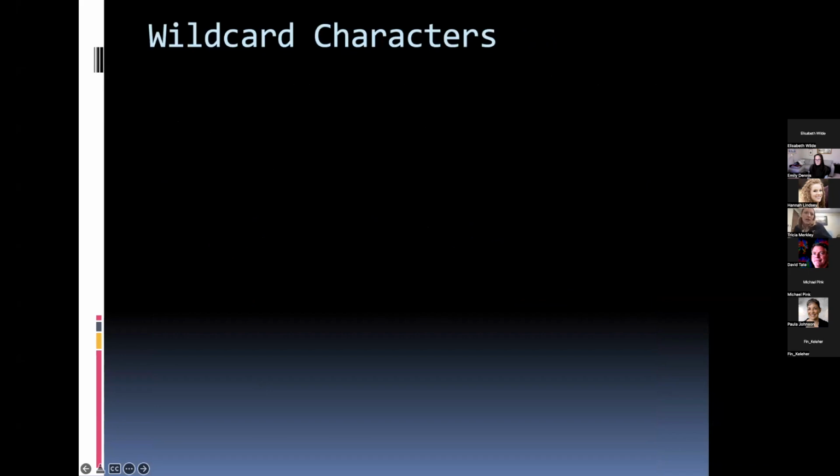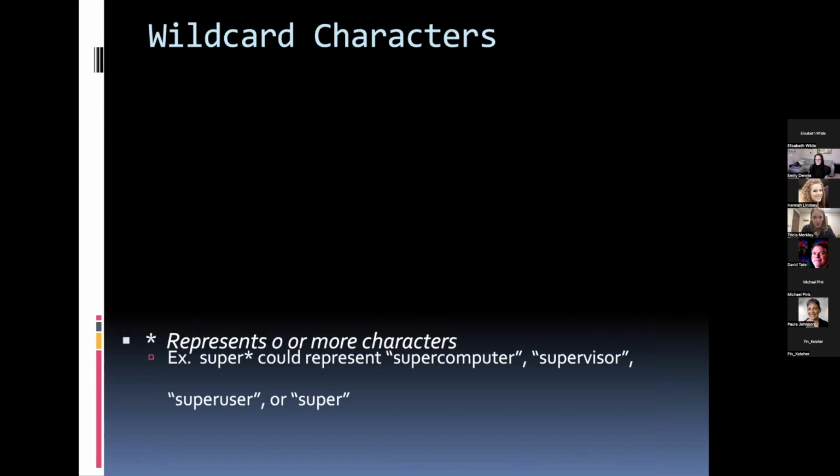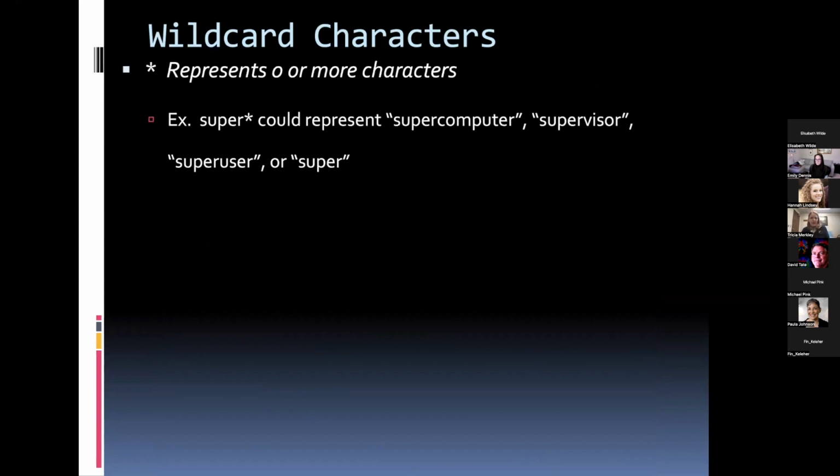Okay, a few wildcard characters to know. The asterisk or the star, this can represent 0 characters or any number of other characters. So for example, if you were to type super and then the asterisk, this could represent supercomputer, supervisor, super user, or it could just be plain super.